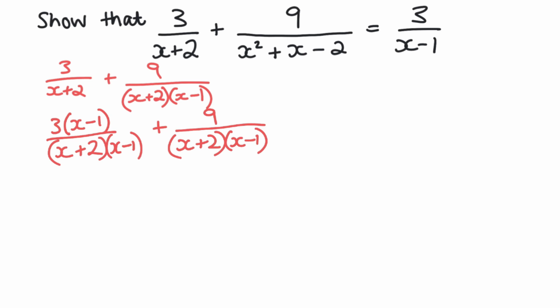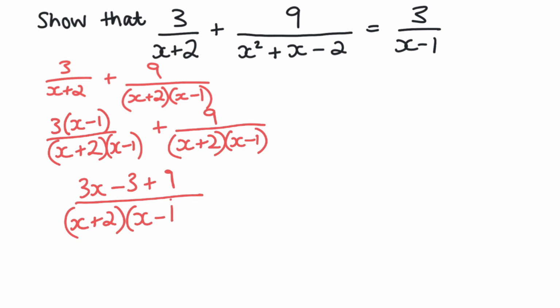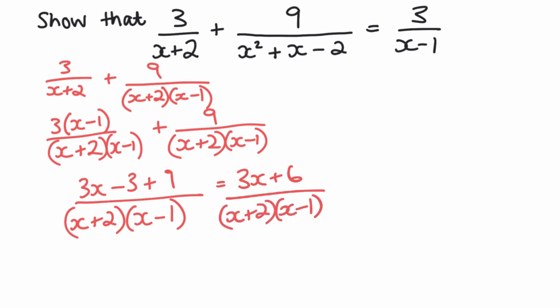So that's going to give us all together 3x minus 3 plus 9, divided by x plus 2 and x minus 1. So when we tidy that up, we get 3x plus 6 divided by x plus 2 times x minus 1. So now we're going to factorise the top bit.